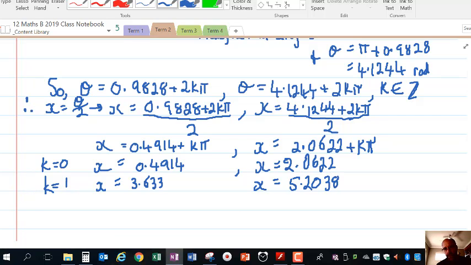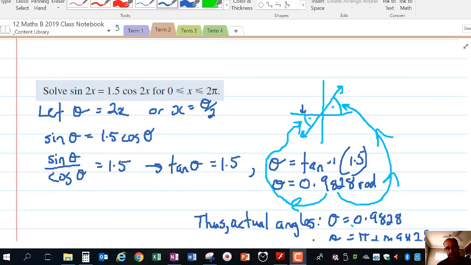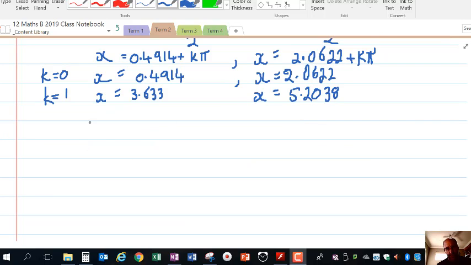Okay, keep an eye out on the domain restriction. It was 0 to 2 pi radians, so 2 pi is about 6.28. So we haven't reached that stage yet, so we can keep going.